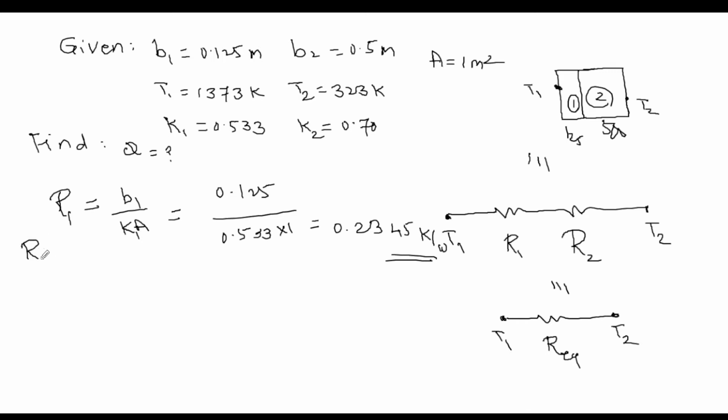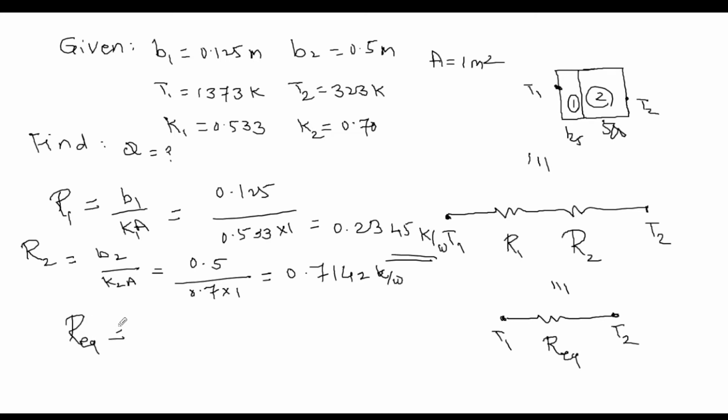Similarly, we calculate R2 as B2 by K2 A, which equals 0.5 by 0.7 into 1, which equals 0.7142 Kelvin per watt.